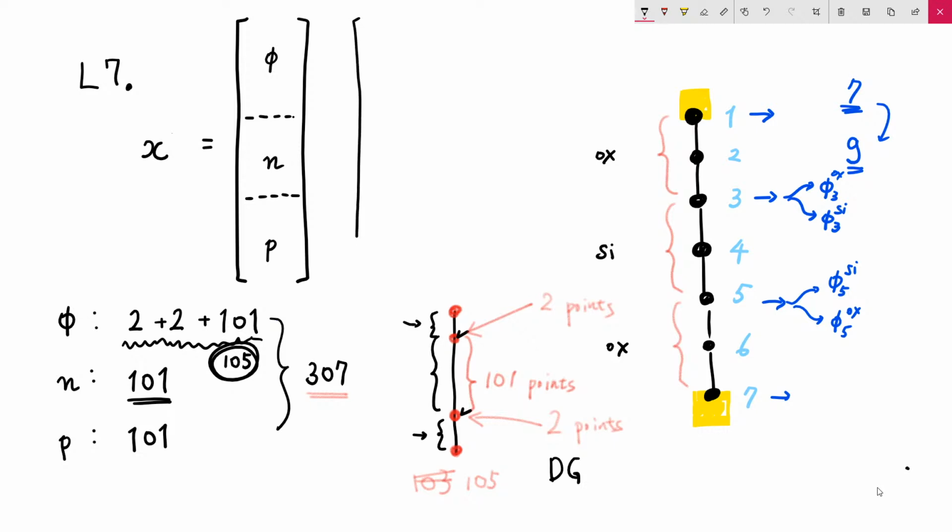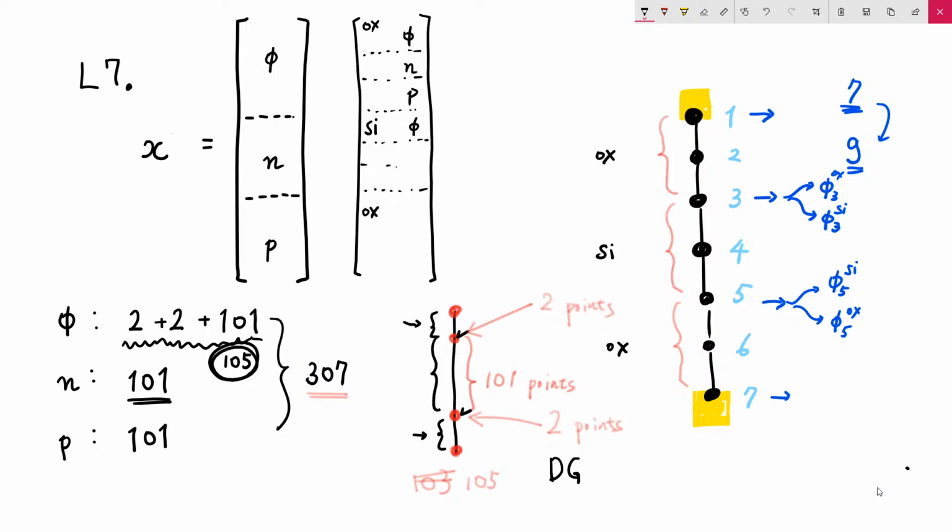and also we can think about it this way. For example, let's first consider the top oxide region, then the central silicon region, and then the bottom oxide region, and inside it we can also say phi, n, p.